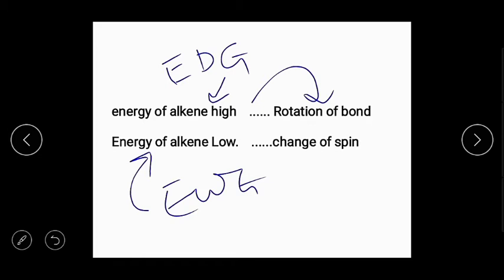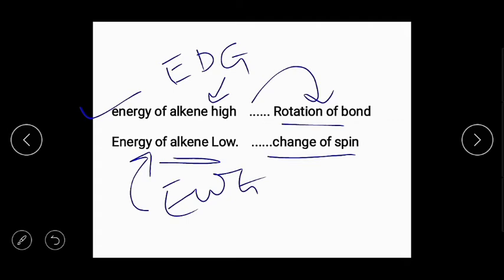So in case of an electron donating alkene, electron donating groups on alkene, then bond rotation takes place. And when there is electron withdrawing groups on alkene, the energy of alkene is low and there is only change in spin and no bond rotation, means stereospecific reaction will be there.